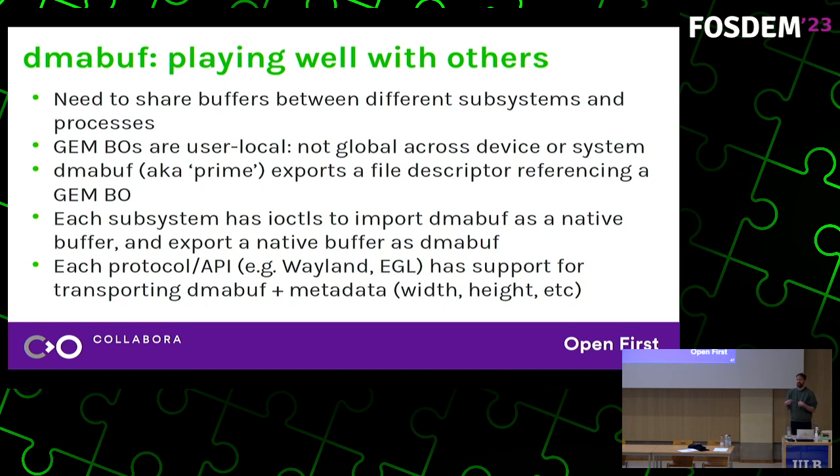So, when you want to export a buffer to your Wayland server or share it between V4L for your video capture and your GPU to do some analysis on it, that's DMA-BUF, which just gives you a file descriptor you can use as a handle to that memory area and import it into different contexts or subsystems or places.